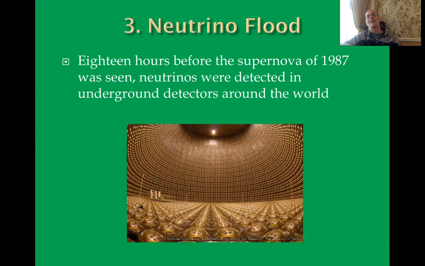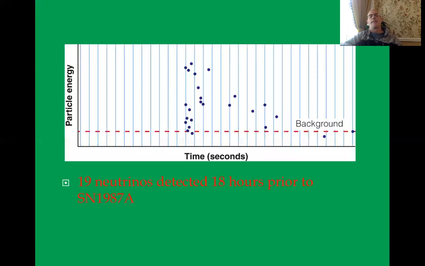But they built these big detectors. And so occasionally a neutrino will hit one of the molecules of liquid that is in these detectors. And when that happens, it produces a little flash, which is detected by these detectors around the outside there. Now, 18 hours prior to people observing supernova SN 1987A, there were 19 neutrinos detected, okay?